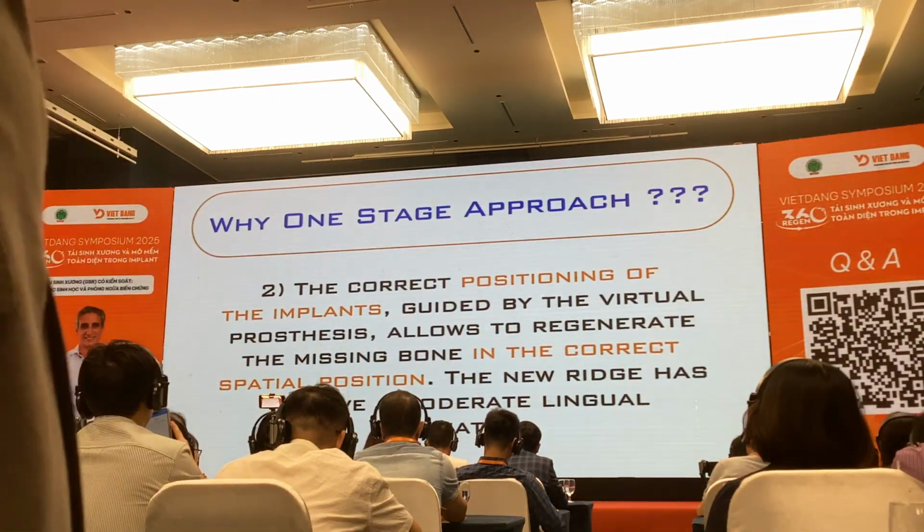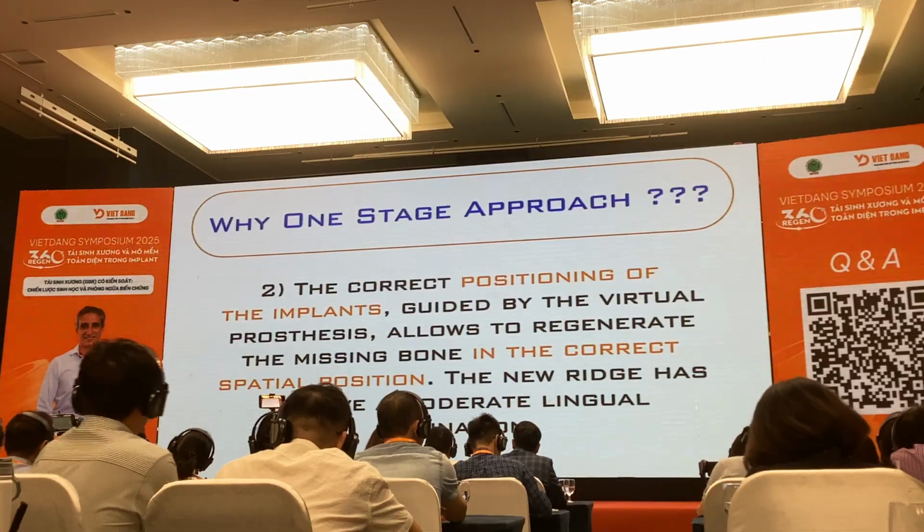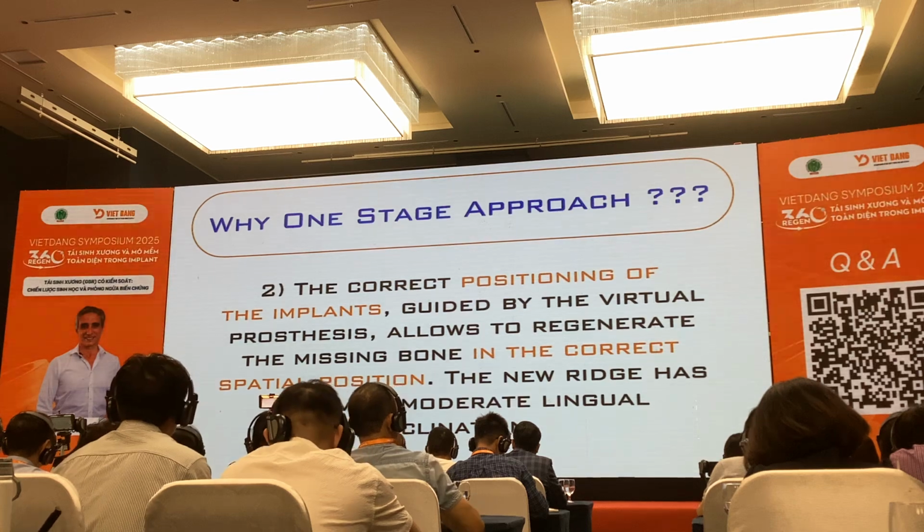Why is it so important? Because in the lower jaw, if we place implants without any information from other adjacent teeth, the risk would be that our implants would be too straight and not inclined in a lingual way.